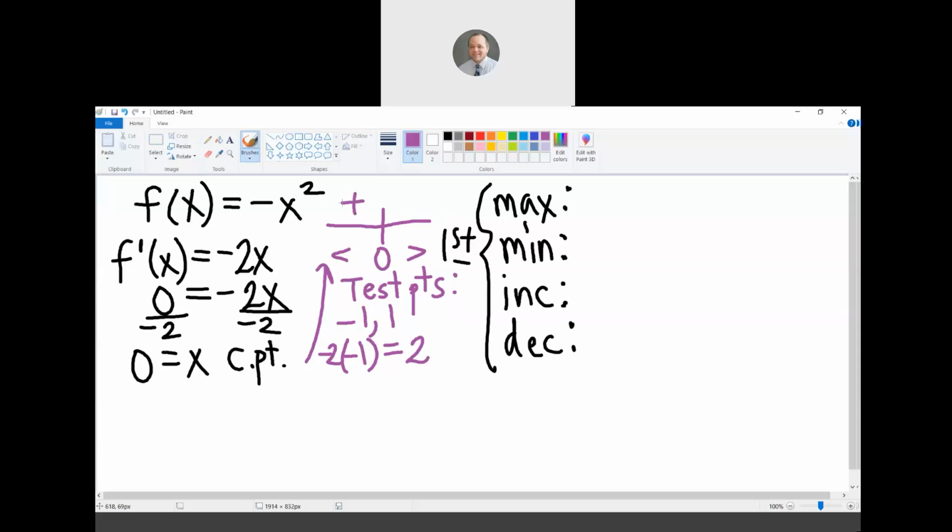So everything to the left of 0 is positive. When we plug in +1 for x, we get -2. That means everything greater than 0 has a negative sign.